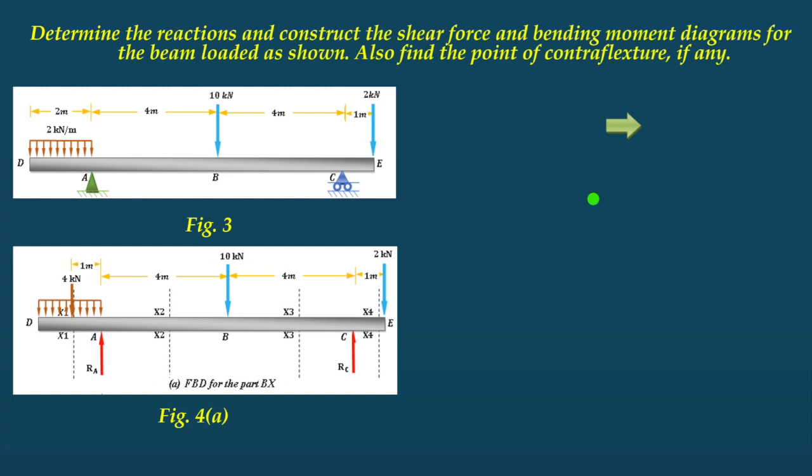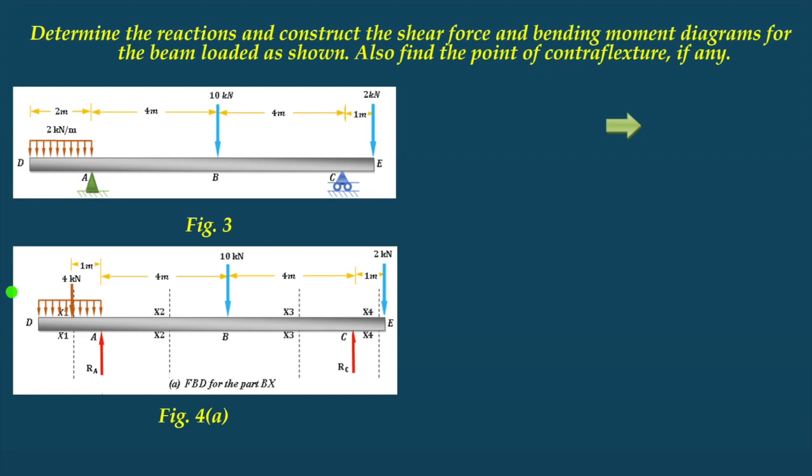Now here is the other example, an overhanging beam subjected to 2 point loads and 1 distributed load acting at the overhanging part DA. You notice here the load characteristics vary from point to point, and that's why we will consider 4 different segments.